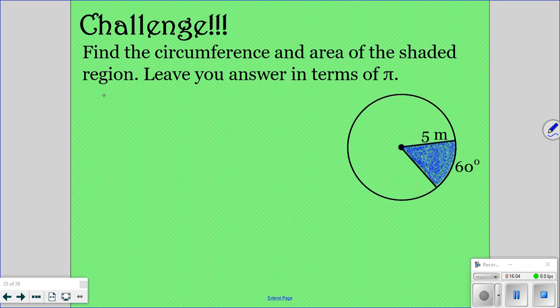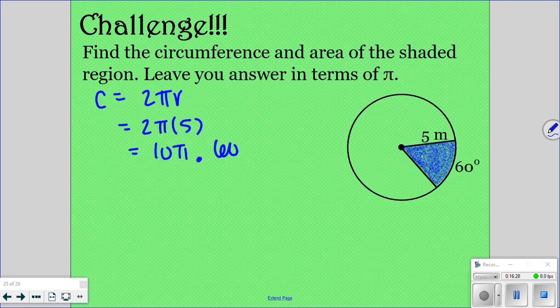So for the circumference, our formula is 2 pi times the radius. So 2 pi times 5, which is 10 pi. And then we are only looking for part of the circle.